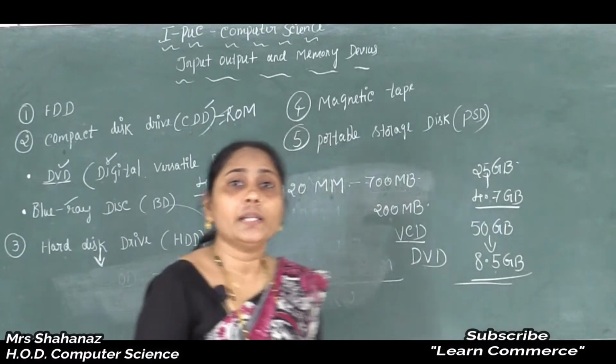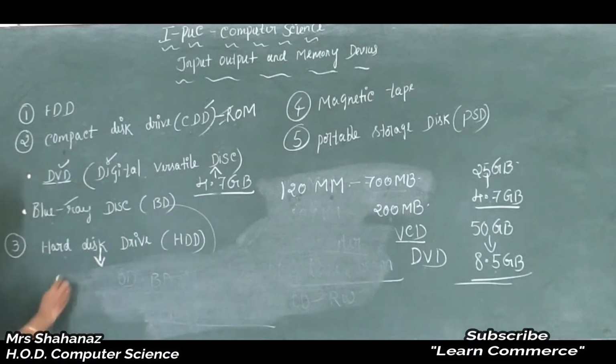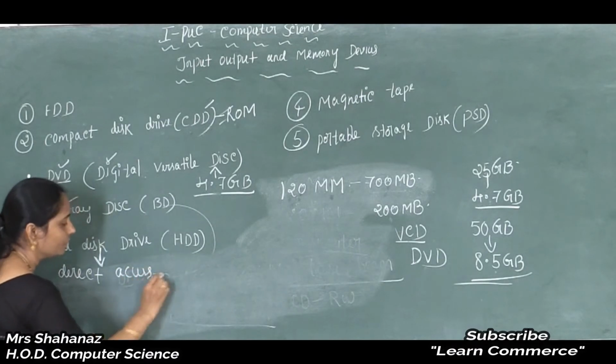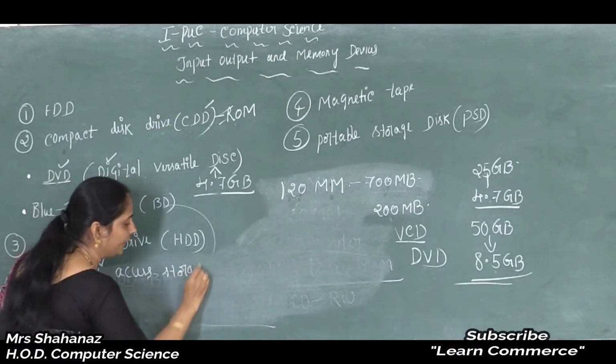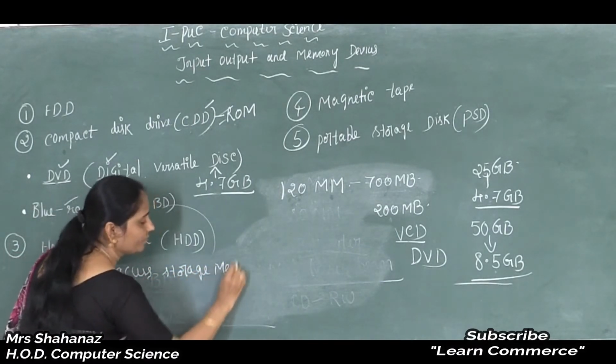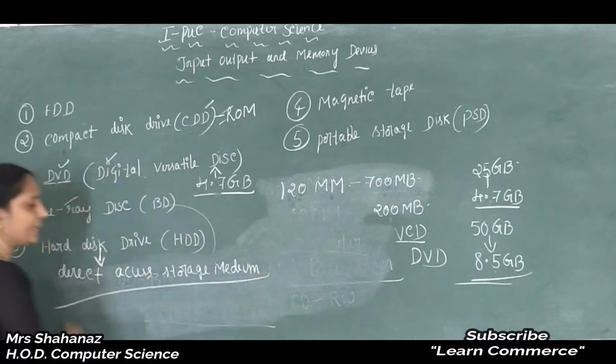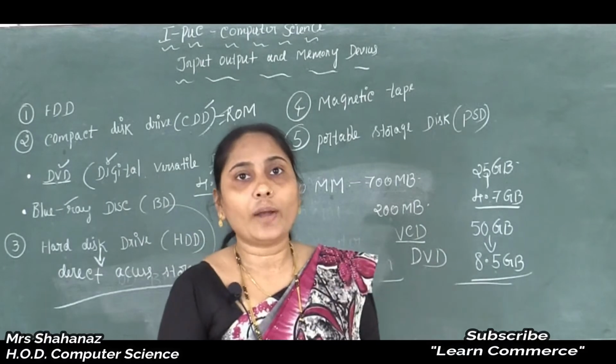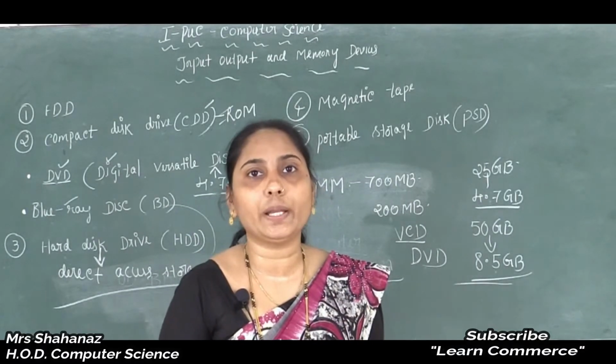And the hard disk is a direct access storage medium. Clear this point here? It is a direct access storage medium. So what about the direct access storage medium? Do you remember when we completed the primary memory?